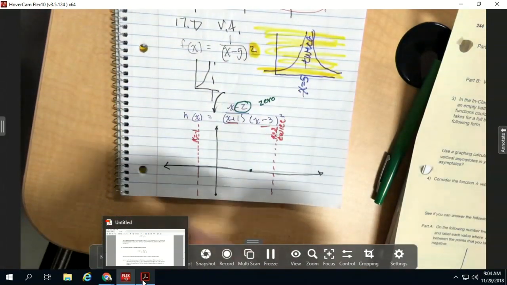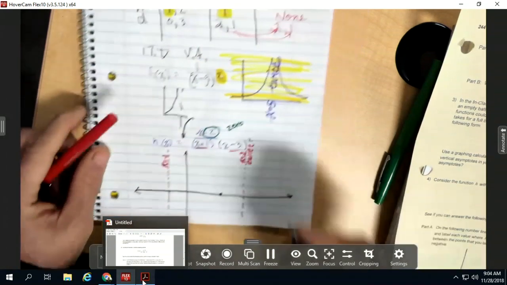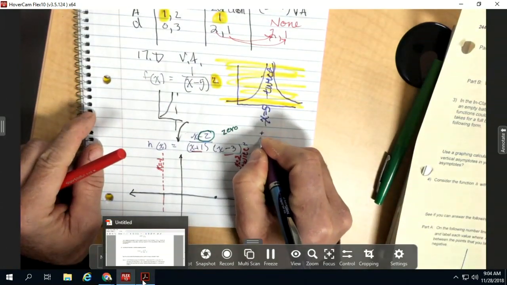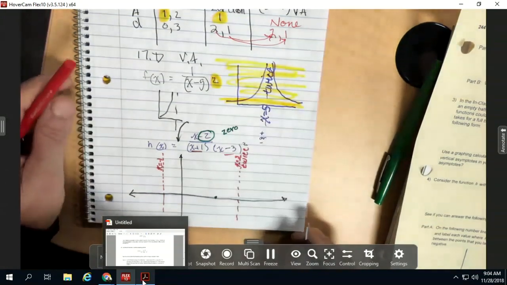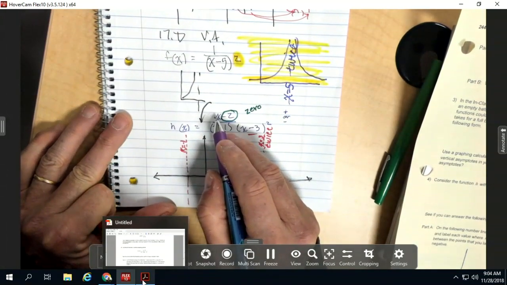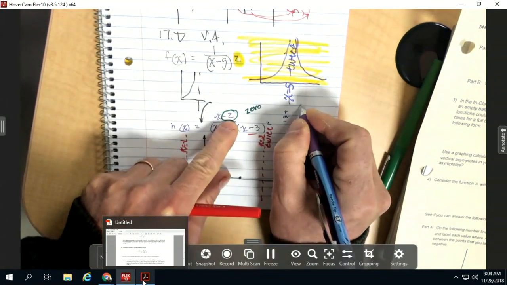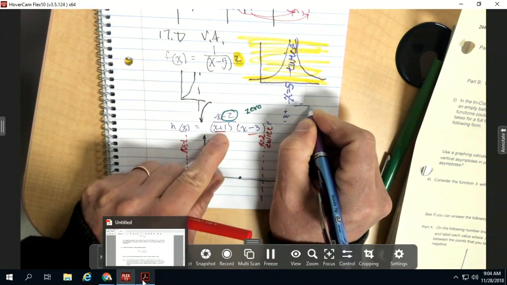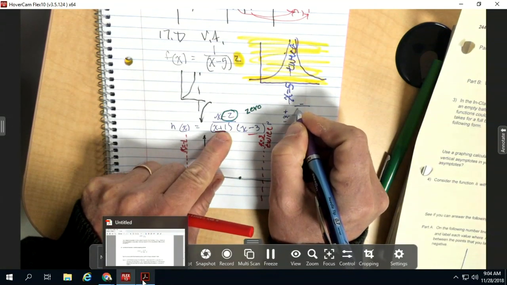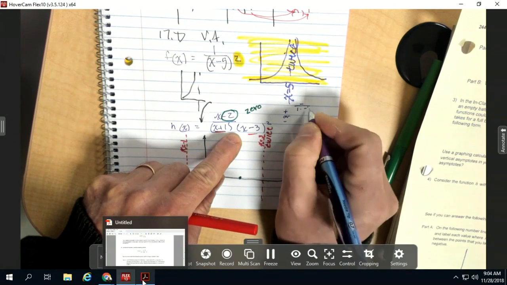Okay, so let's go through the rules for positive or negative. Well, think about it. If we put in 0 for x, we'll have a negative number divided by a positive number times a negative number squared.